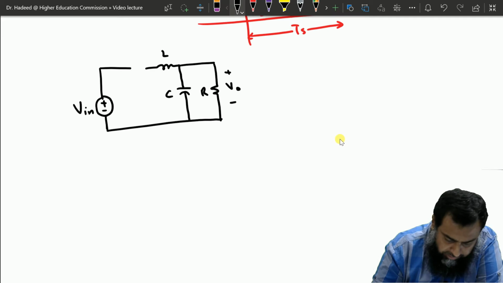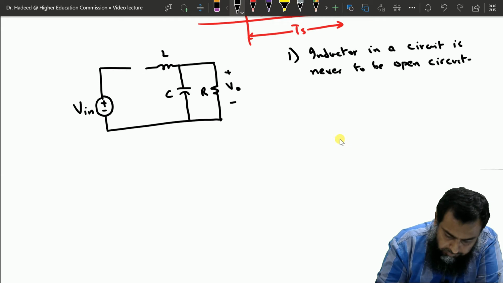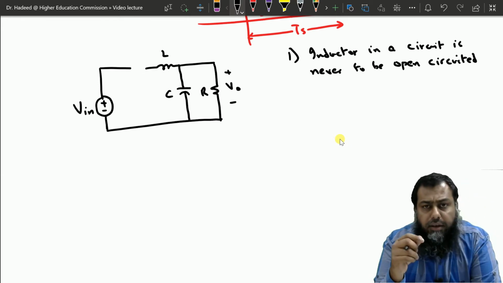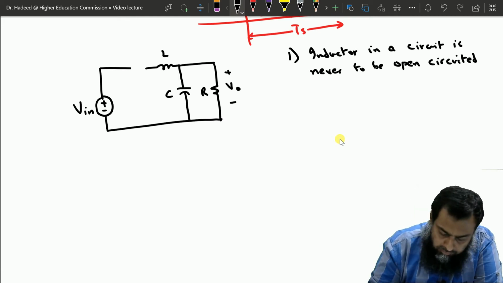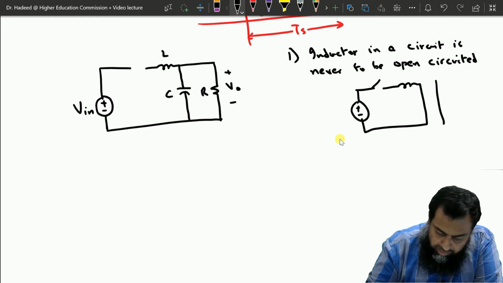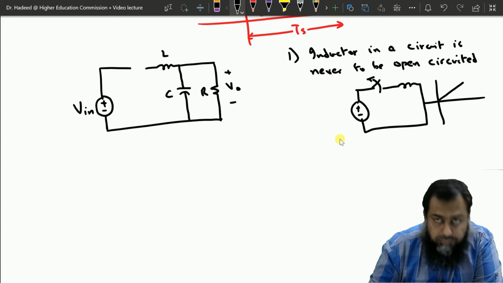And because we have this inductance here, as a first rule we should know that an inductor in a circuit is never to be open circuited, right? We cannot have an abrupt change in the inductor current. Suppose that we have some voltage here that is applied to an inductor. At some instant we switch this particular switch.